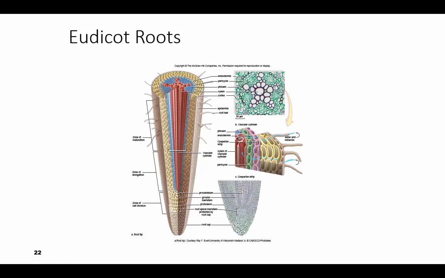It also has running through it this red, that's called the Casparian strip, and that stops water and minerals from moving out of the root. They're going to move in, but then they're not going to be able to move out. It stops it, so it can't get in any deeper, or get out.